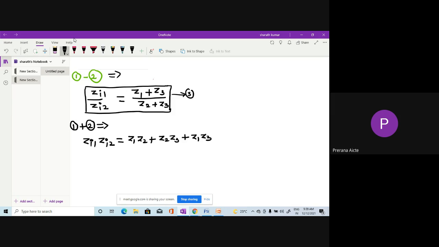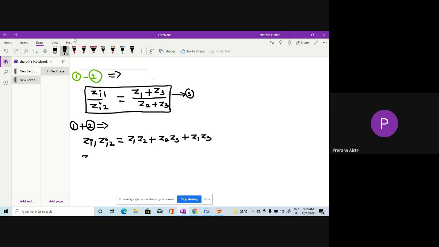We got equation 1 for your T network when load is connected at port 2, and equation 2 when load is connected at port 1. After adding these two equations, you will get this one.